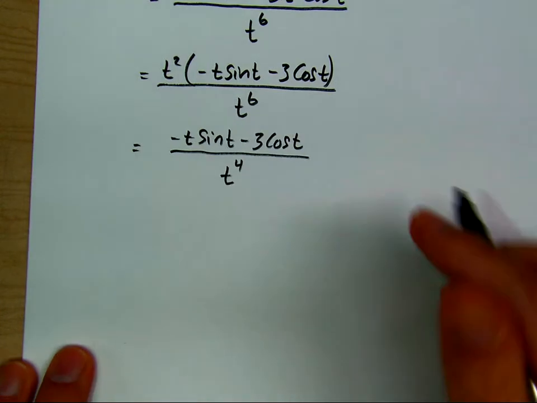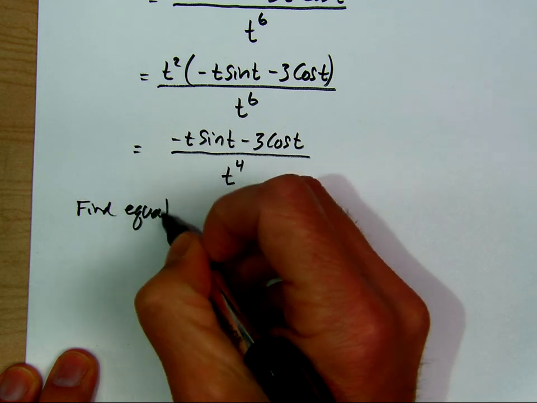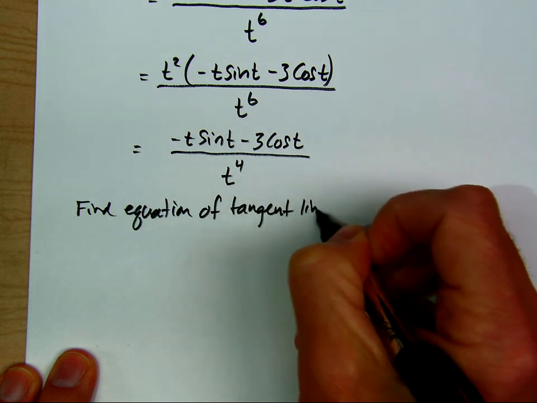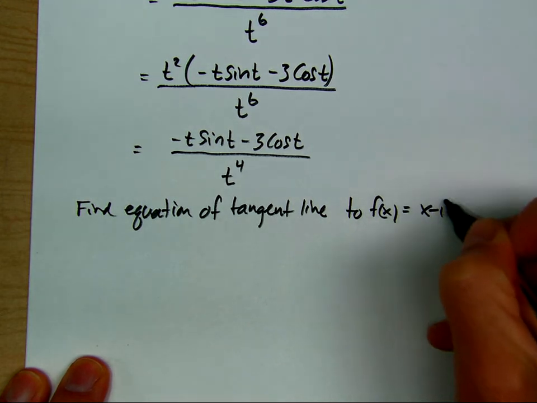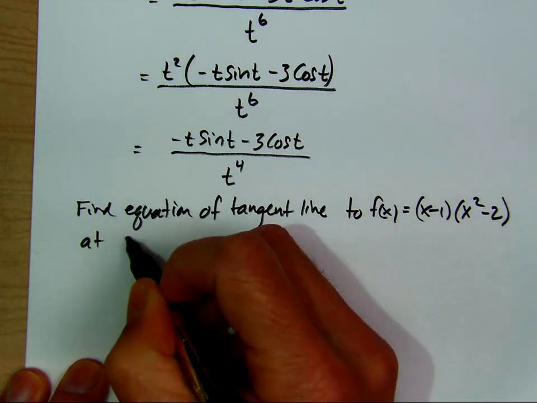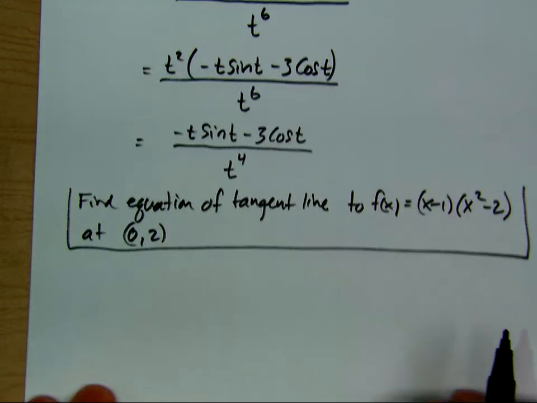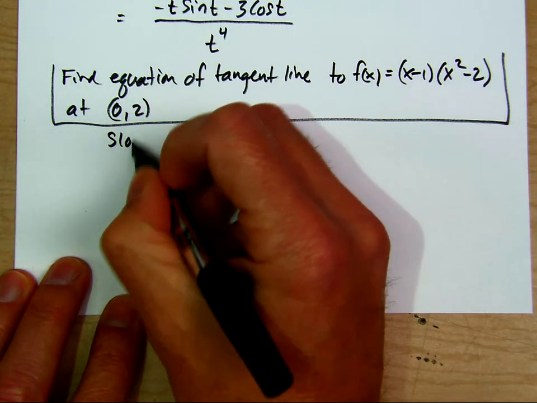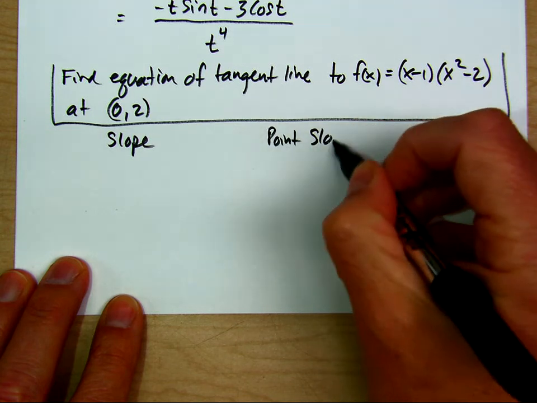Okay, let's review tangent lines. So to find the equation of a tangent line, we have to find the slope and then use point slope.